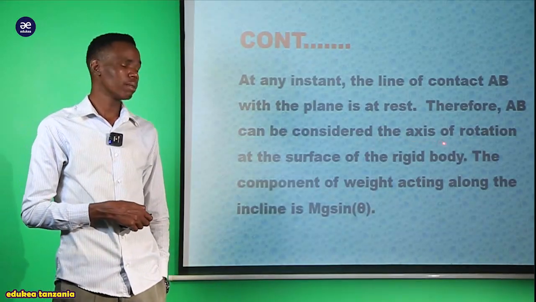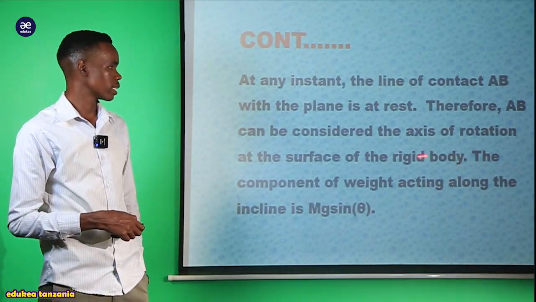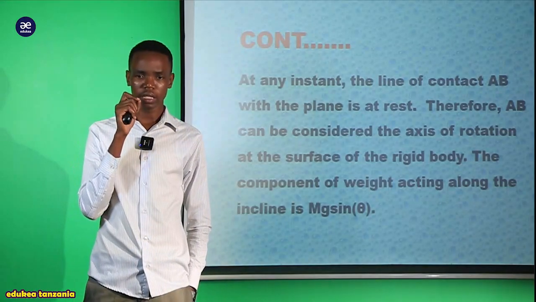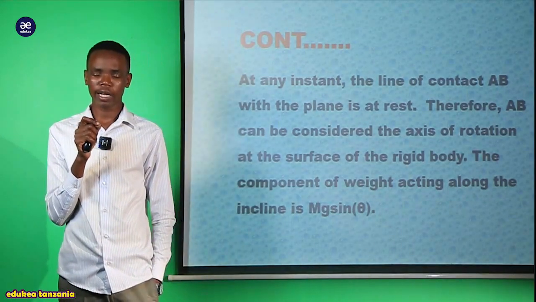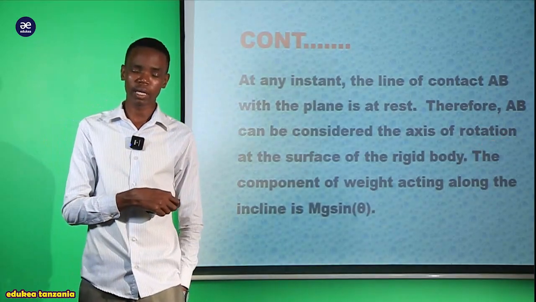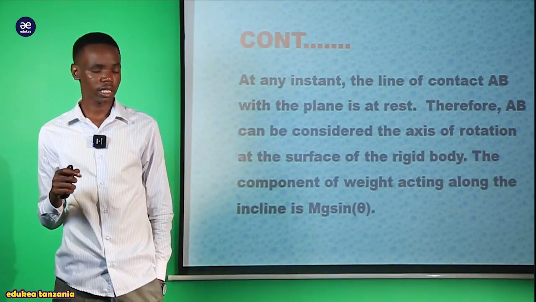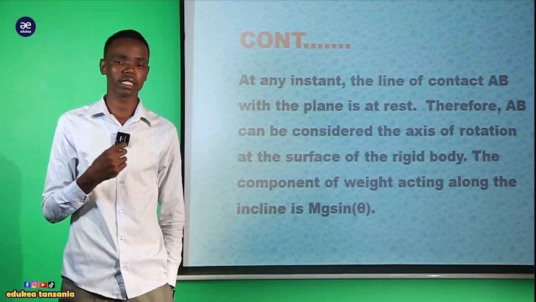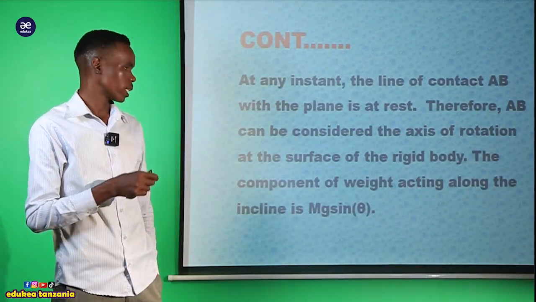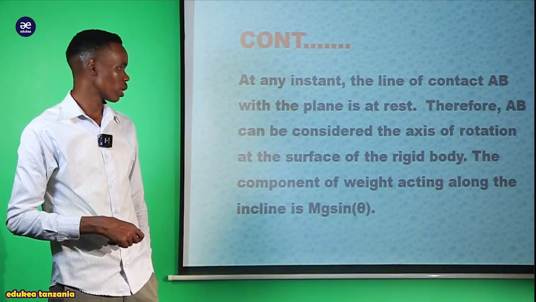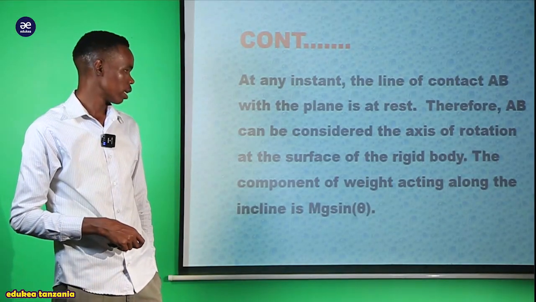Therefore, AB can be considered as the axis of rotation at the surface of the rigid body, because it is at rest. This is what we can say here.